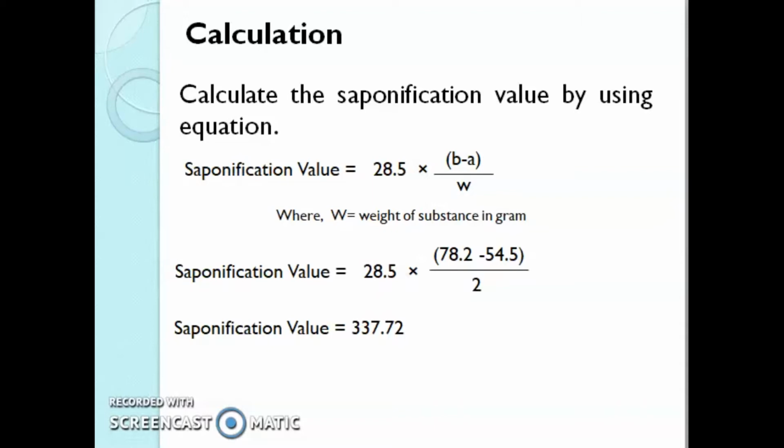Students, let us see the calculation for today's practical, that is the saponification value determination. You have to calculate the saponification value by using the equation: saponification value is equal to 28.5 into B minus A, divided by W. You already know B is the blank reading and A is our reading with the sample, and W is the weight of the substance in grams.